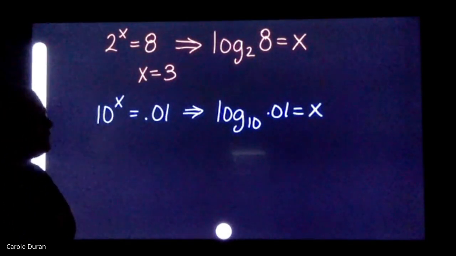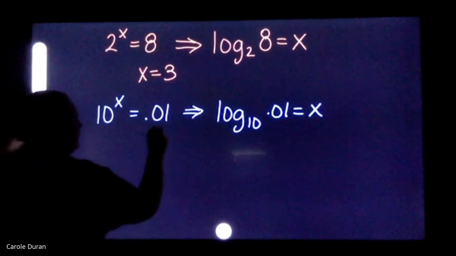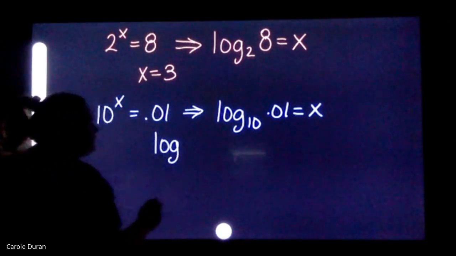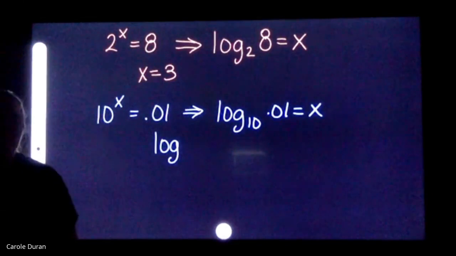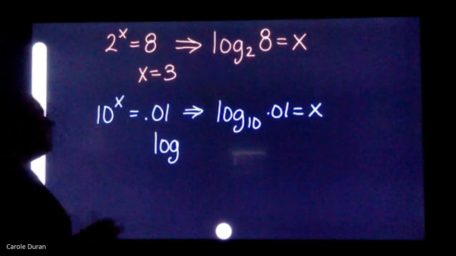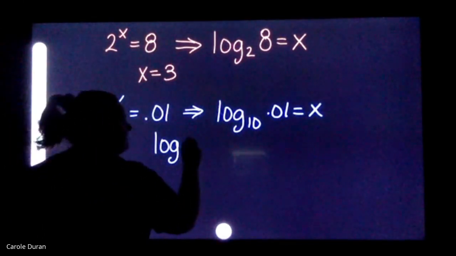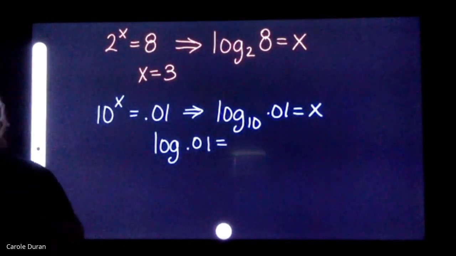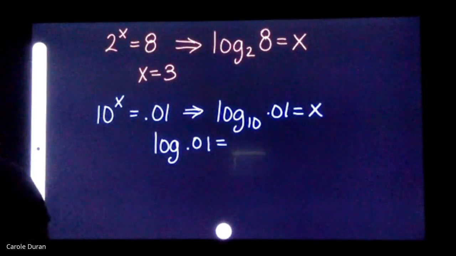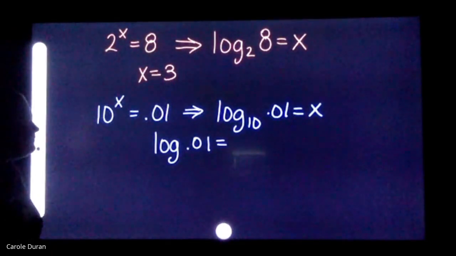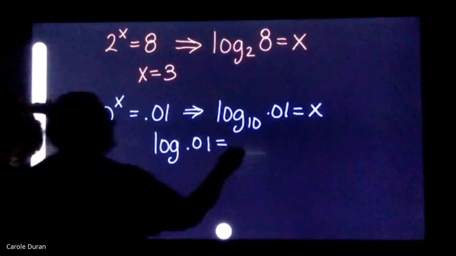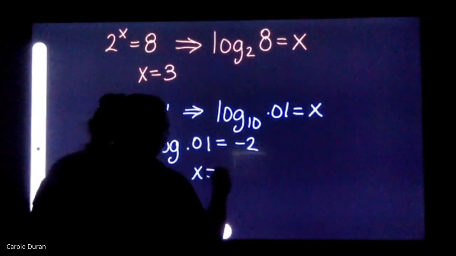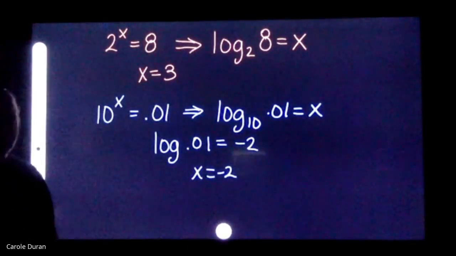We can use our calculator to solve that. You're going to hit your log button. Each of our calculators already has base 10 as a default. So I would just have to do log of 0.01, and you're going to tell me what answer you get. Hopefully everyone has a calculator with them right now. You get -2, which means x equals -2.